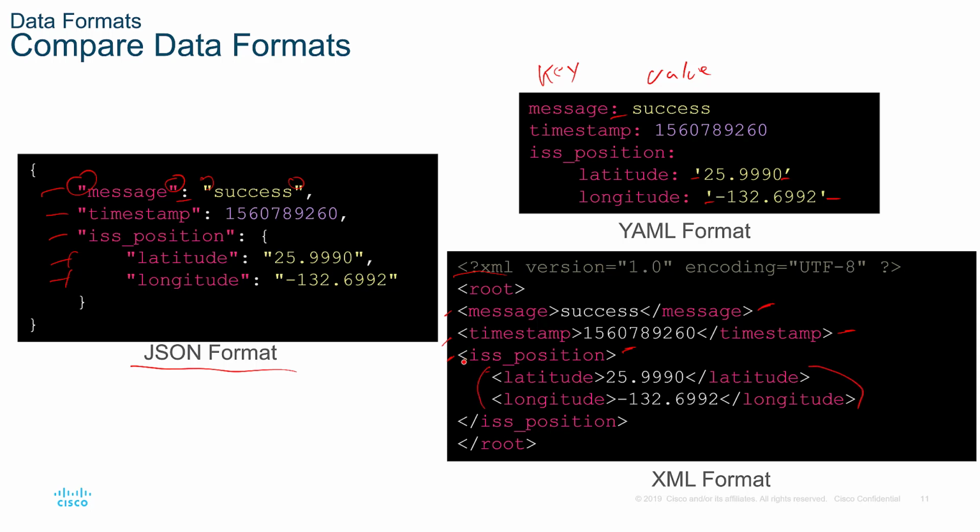Because you'll notice here is our beginning and here is our end. This entire root is the beginning and here's the end. You can see that by the caret with the forward slash. That would denote the start and end portions.